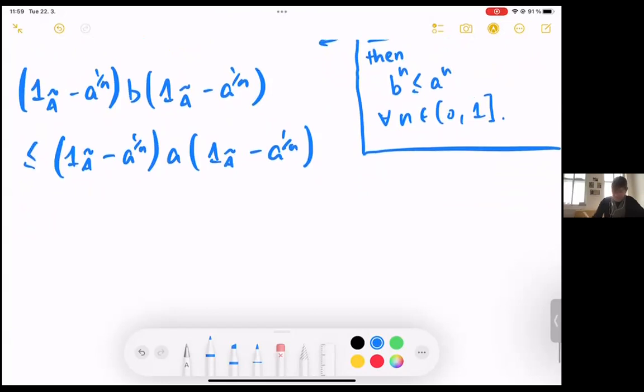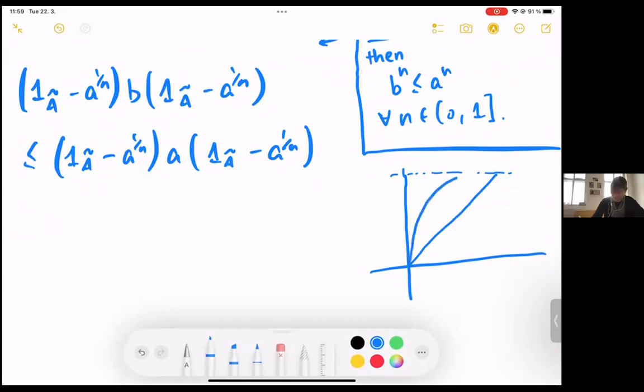So what is this 1 minus a tilde? Again, A is positive. So A looks like this, and then 1 is like this. So 1 minus A over n is something like this, which converges to 1. So we get that this is going to 0.